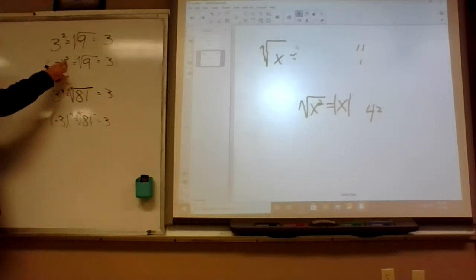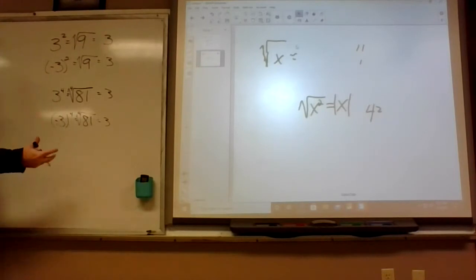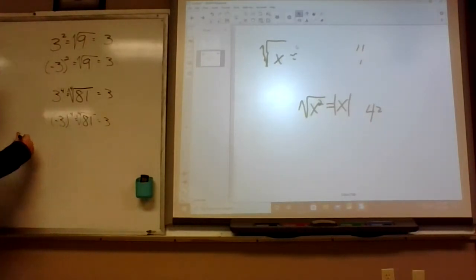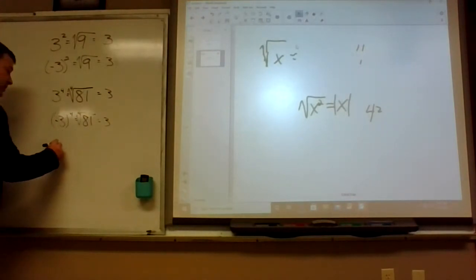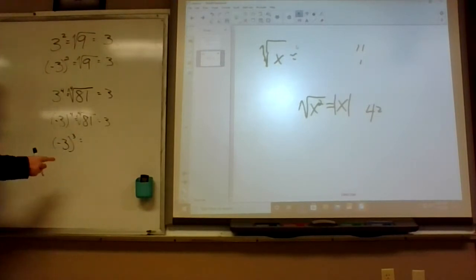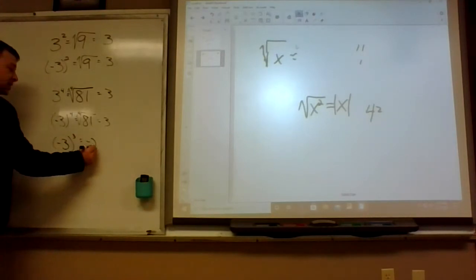So same thing with 2 and 4 and 6 and 8. Those are all the same. But what if I did to the 3rd? Let's say negative 3 to the 3rd, 3, 9, 27. Negative 27.